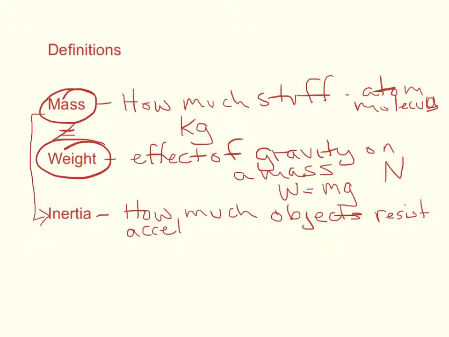What I mean by that is all objects have a certain amount of matter, and it requires a certain amount of force to speed them up, slow them down, or cause them to change direction. How much that object resists those changes is its inertia.